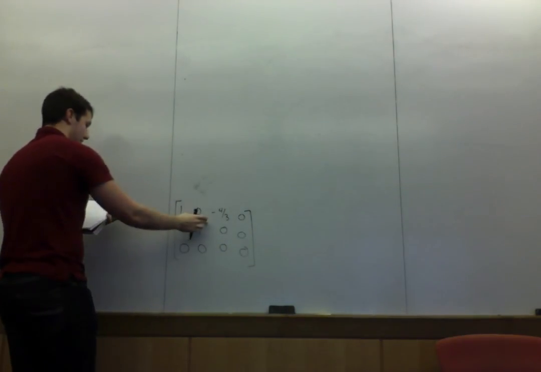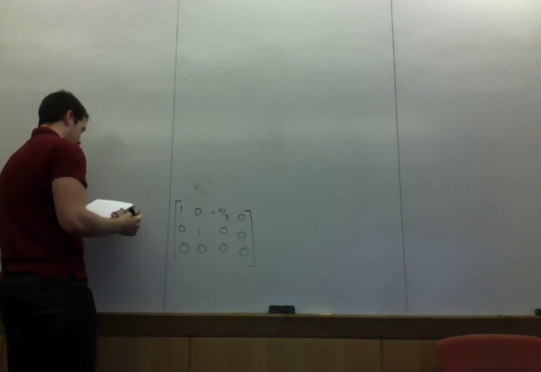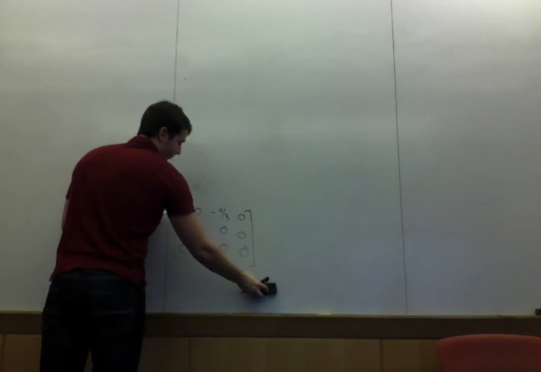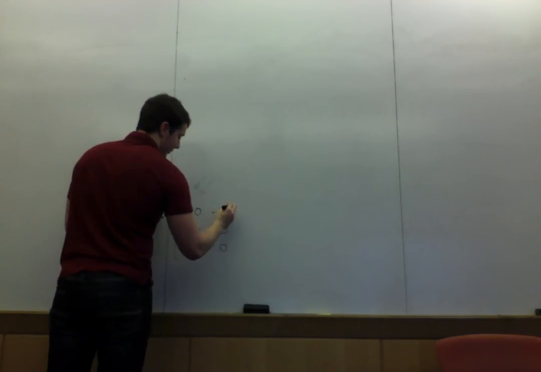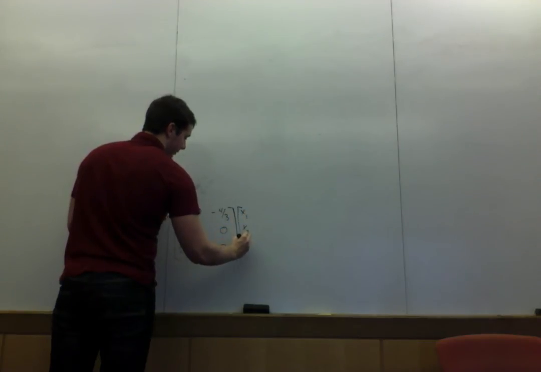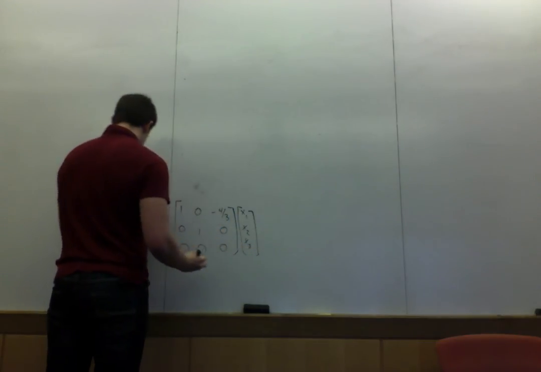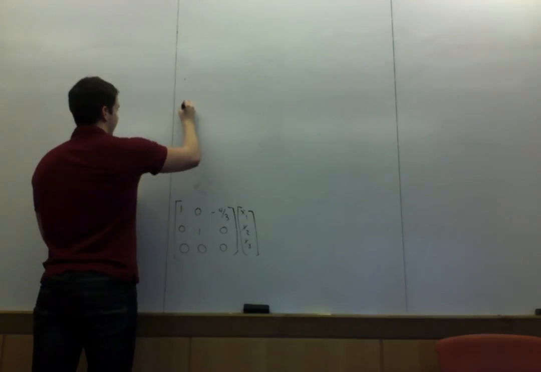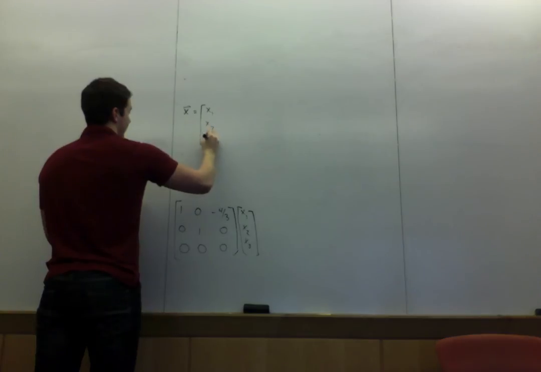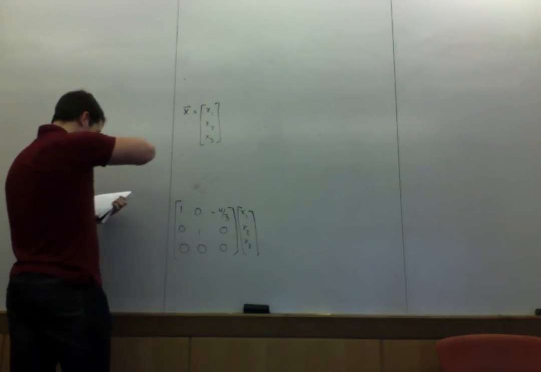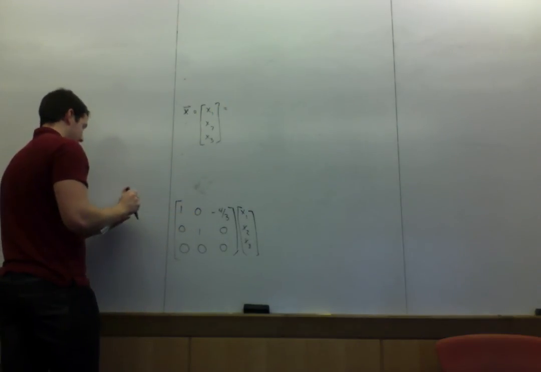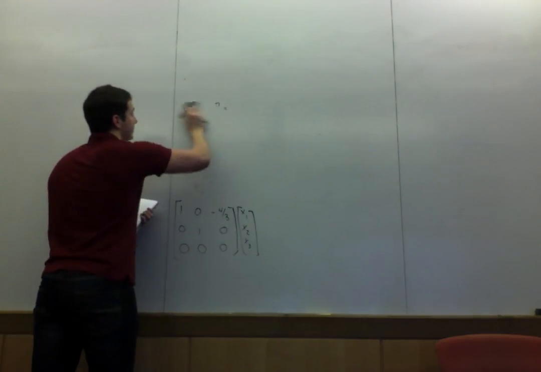So we take this then, and we see that if we multiply this by our x vector, we get that our x vector is x1, x2, x3, which we can just read off right from here. Or excuse me, skipped a step.